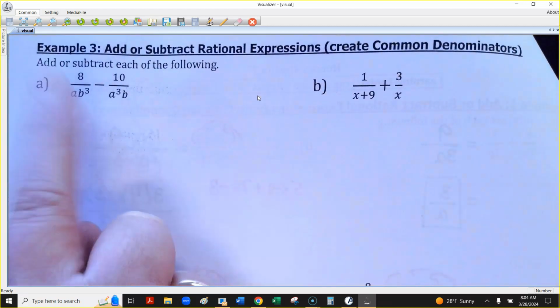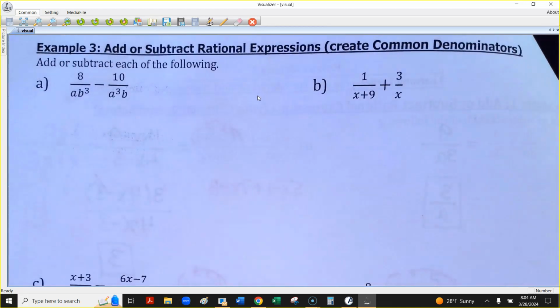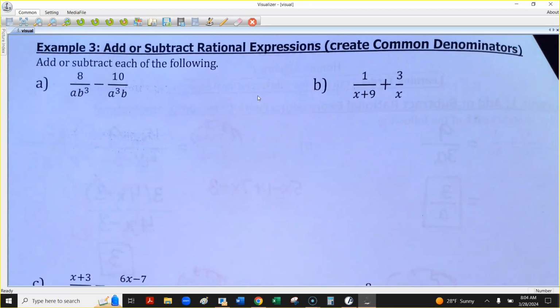What would I need to multiply the first fraction by? Anybody know? Do I need a 3? I don't think we need a number. I need a variable, though. Grace, what do you think? Yes, ma'am.